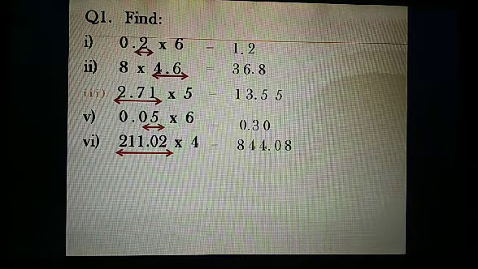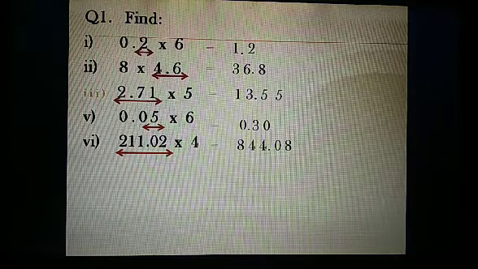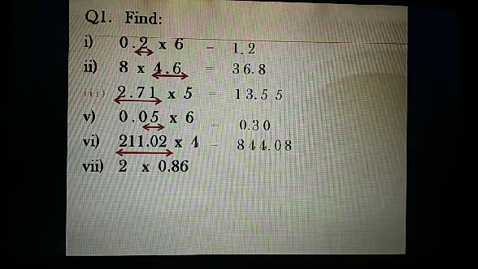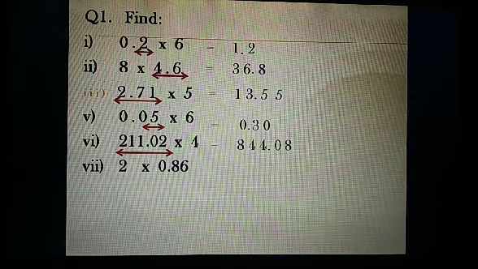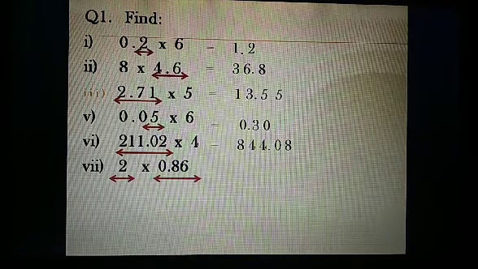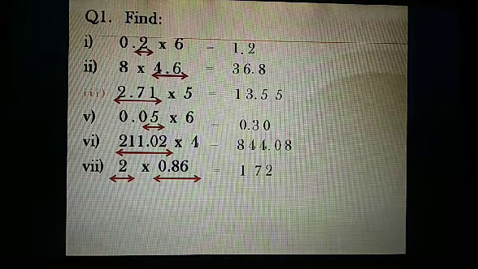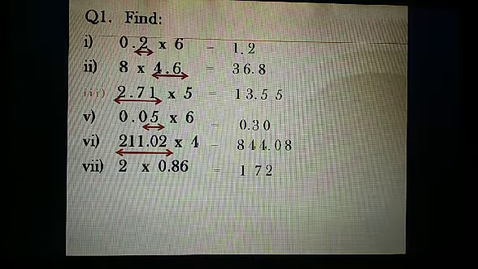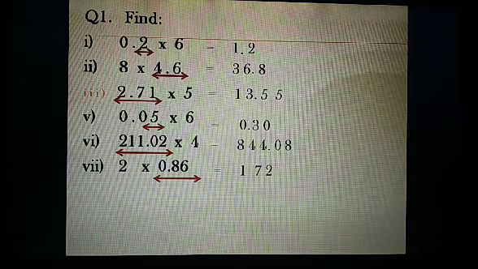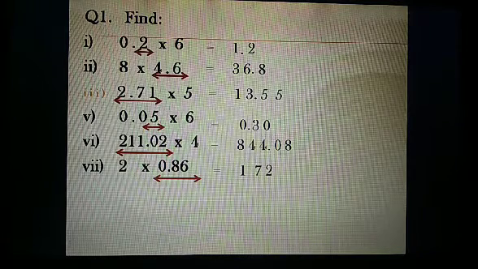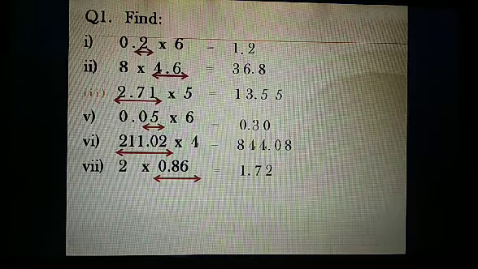Make sure to start counting for placing the dot from right. Yes. Next is 2 into 0.86. Multiply 2 and 86. What will you get? It's 172. Now we have to place a dot after 2 digits from right. So yes, the answer is 1.72.